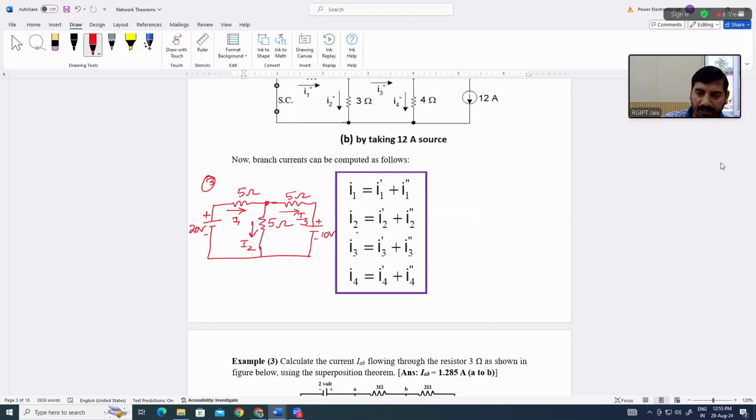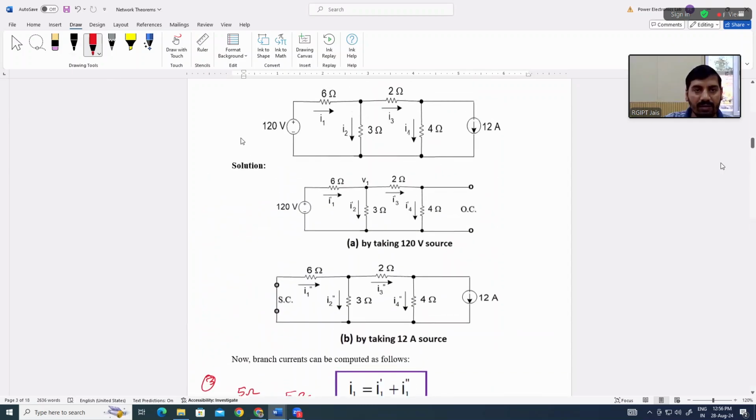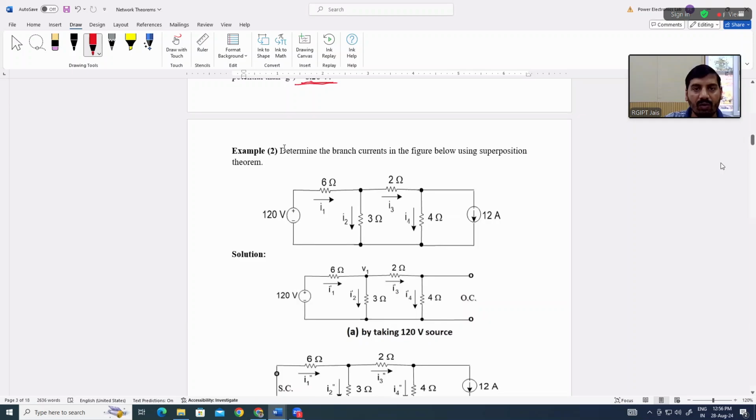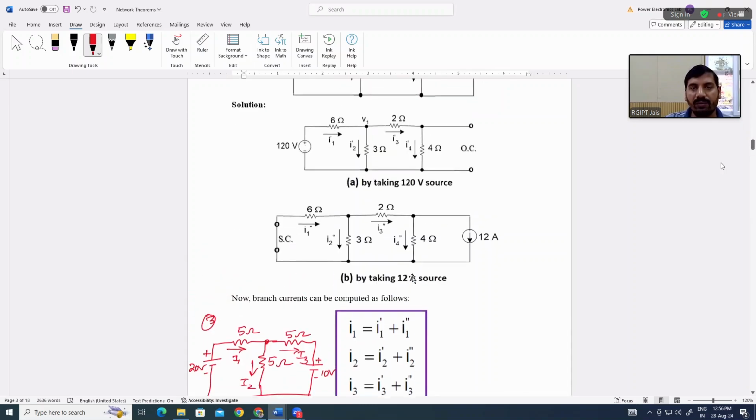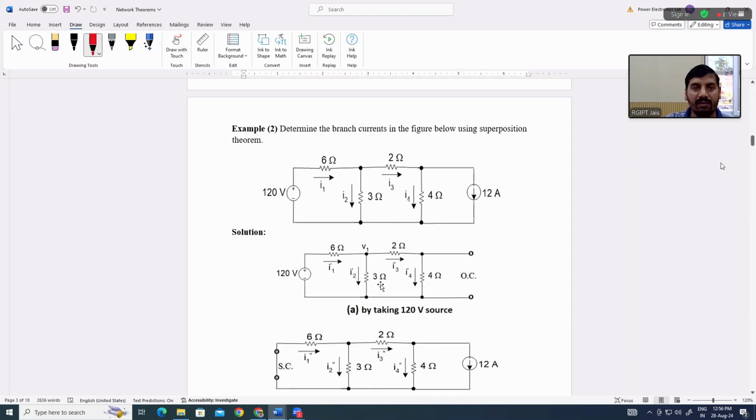Is it clear? Yes, sir. And together with that, you have to solve example number 2 completely and find the values of I1, I2, I3, I4 by the superposition theorem method.